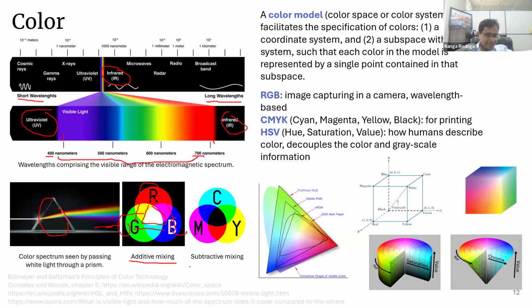But if you take the printing industry, you have subtractive mixing. What that means is, if you do offset printing, usually you have four machines that first print cyan, magenta, yellow, and black. So this is called CMYK.